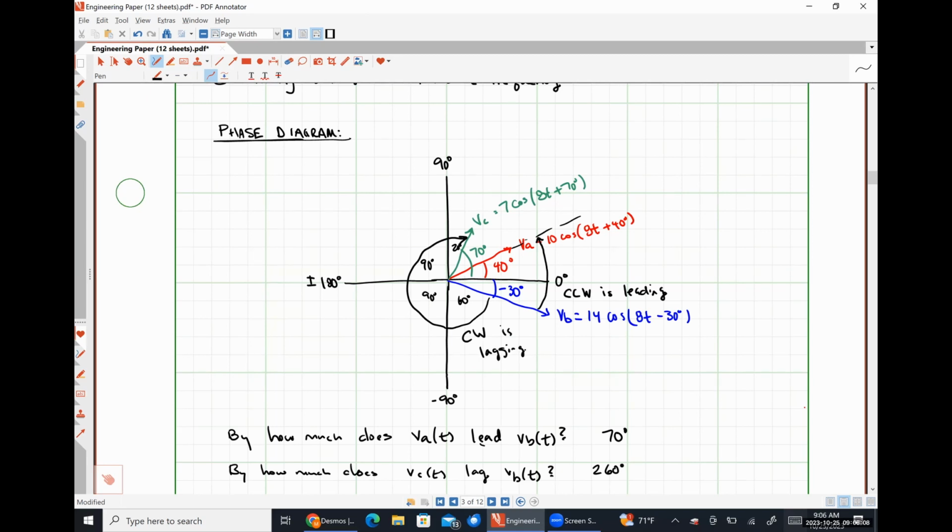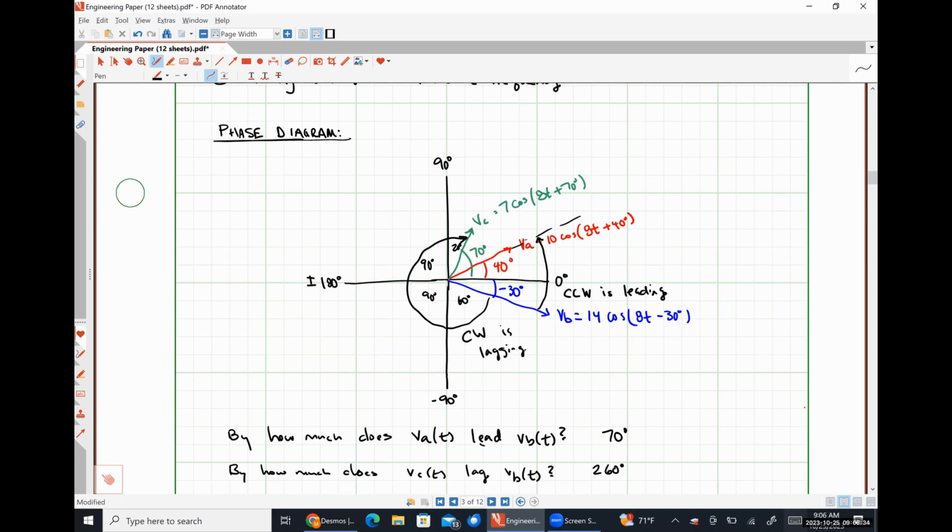Measuring clockwise is for lagging. You're going to be asked to do this in your homeworks, in the labs, on exams, and all of that kind of good stuff, so I just want to be very explicit about the rules. If you're asked by how much some signal leads VB, you start measuring at VB.